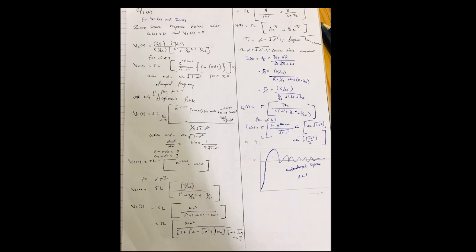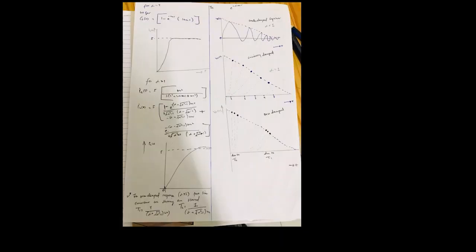After this, we get the design for each system. Here we get our design and our plot graphs. Here are our plot graphs: this is the underdamped system, this the critically damped system, and this the overdamped system.